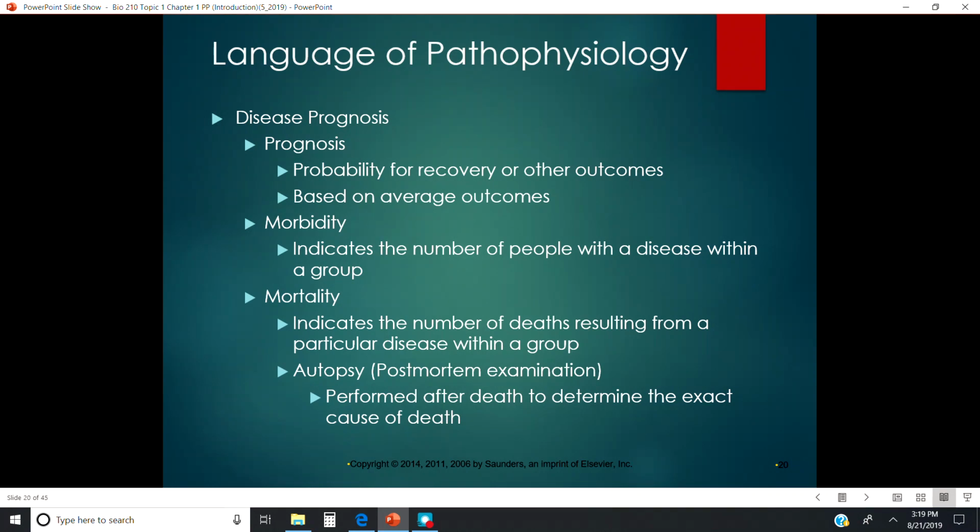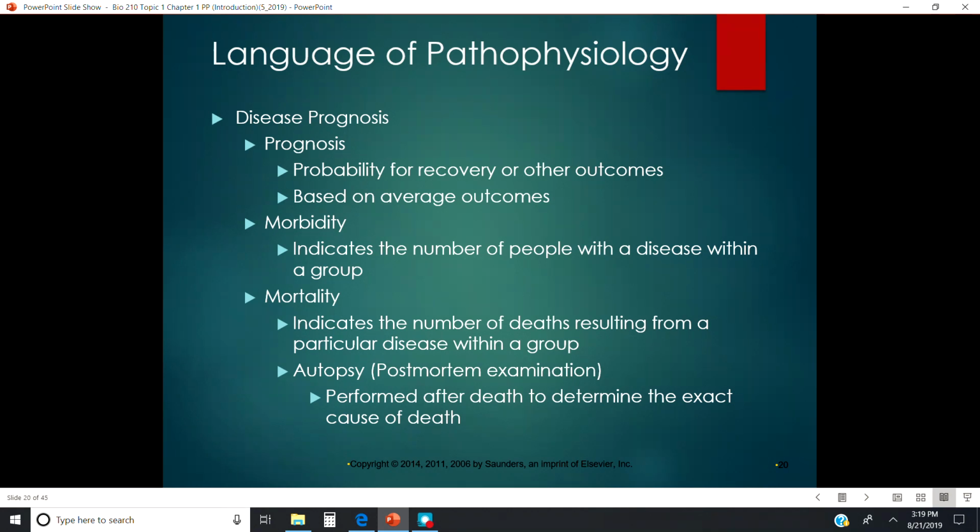For instance, if we came in contact with a cold virus today, the rhinovirus, you would probably be sick for maybe a week to 10 days by the time you're back to normal. You know that's the outcome of the common cold. So the prognosis of the common cold is a week to 10 days.